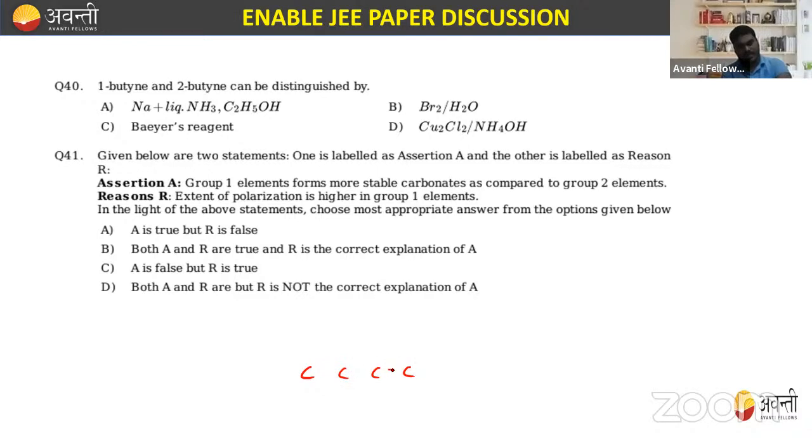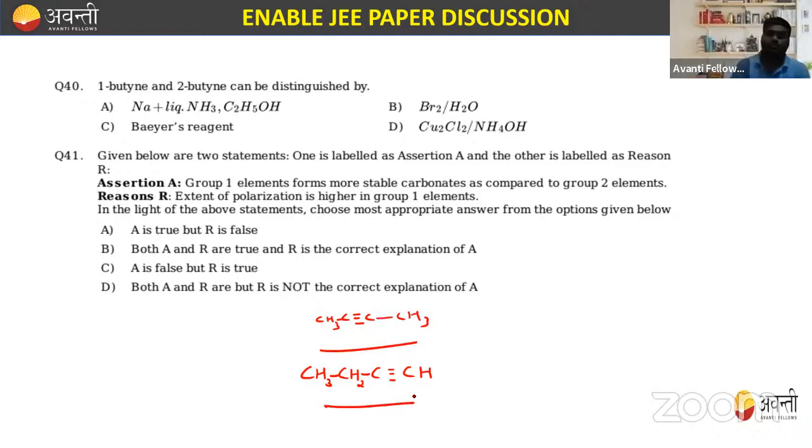So 1-butyne means this is CH3, this is CH2, this is C, and this is H. So this is 1-butyne. If I'm talking about 2-butyne, it means C, C, C, C, that is CH3, C, C, CH3. So what is the difference between 1-butyne and 2-butyne?